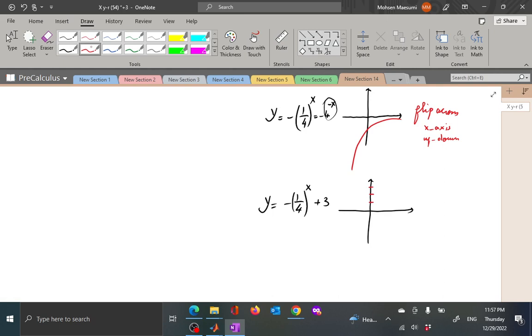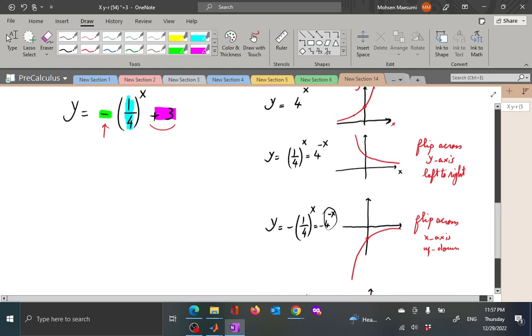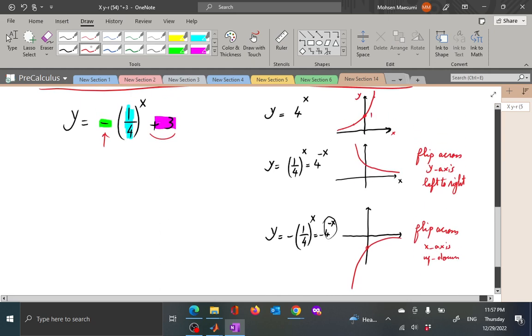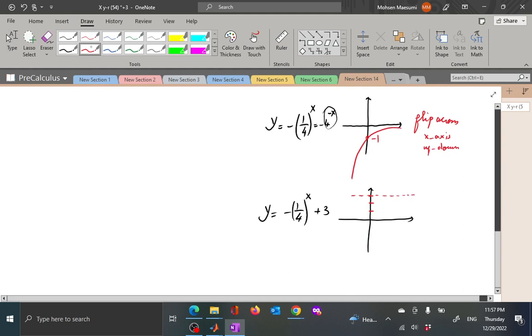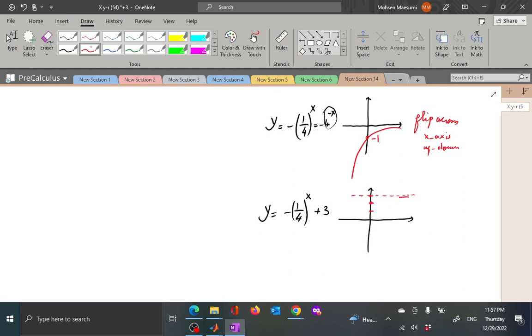Lifting up by 3 units causes the asymptote to also be lifted up. It causes the y-intercept to be lifted up. Originally the y-intercept was at 1, here it is still at 1, flipped over it became minus 1. Now if you go up by 3, minus 1 becomes 2. So your graph becomes like this.